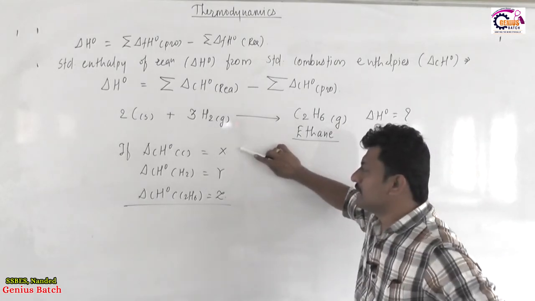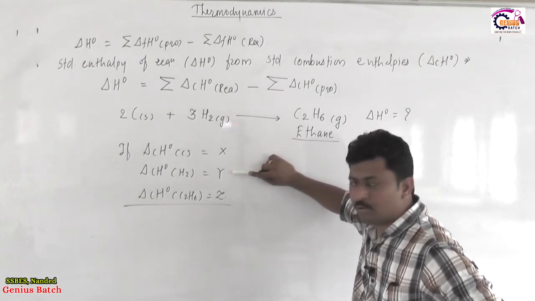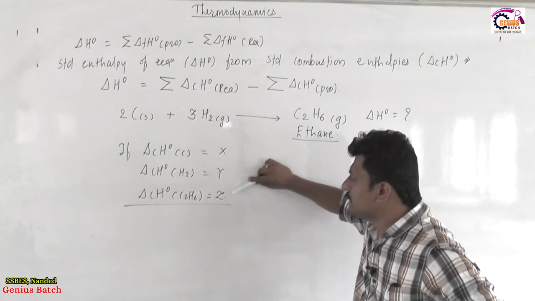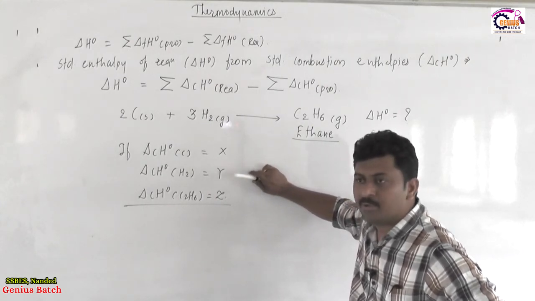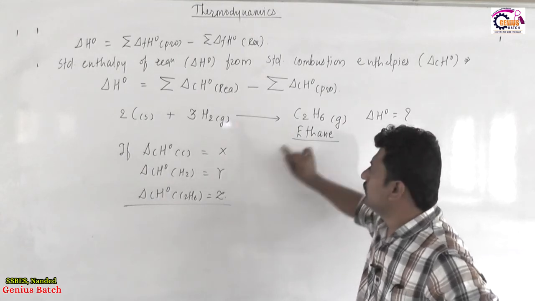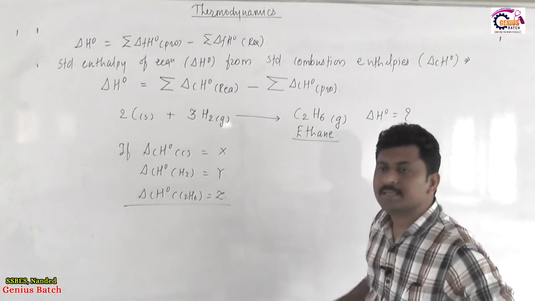As a combustion enthalpy of carbon X, combustion enthalpy of hydrogen is Y, combustion enthalpy of C2H6 is Z. Then what is enthalpy of a given reaction, which is a formation of ethane? We would use a basic guideline.